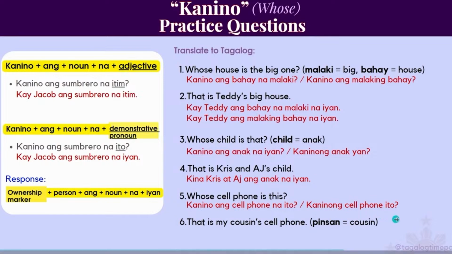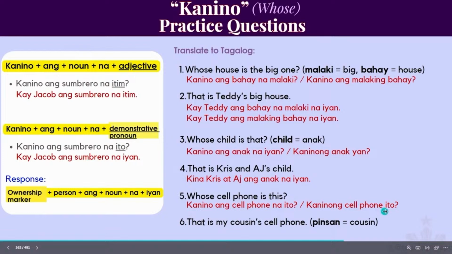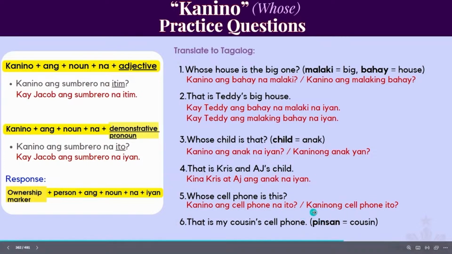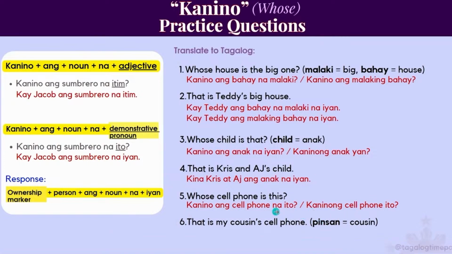So the na is dropped usually. Whenever someone is speaking quickly, the na is dropped. But I want to point out that technically there is a na. I don't think I would be a very good teacher if I didn't tell you the technically correct way to say these things. But in colloquial speaking or in common conversation, the na is dropped.